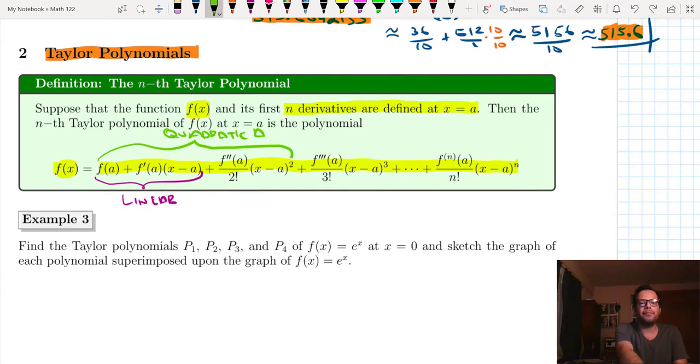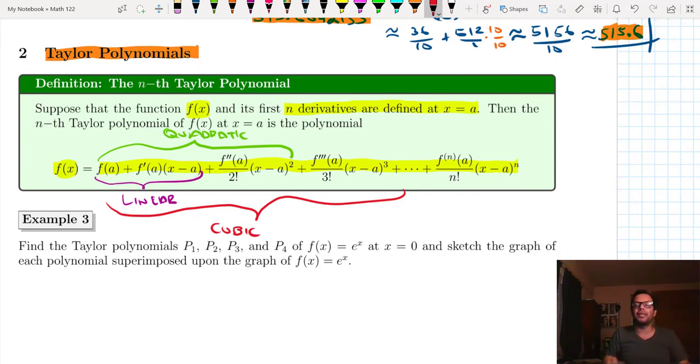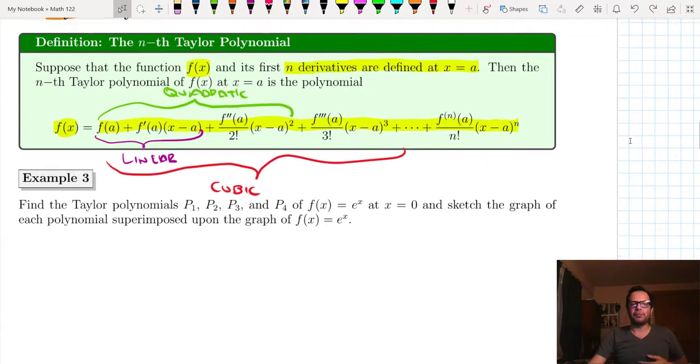Okay, and if we use the first four, we are going to get a cubic approximation, right? And then a quartic and a quintic and so on and so forth, the nth approximation, right? And this is the formula that we are going to use to find those approximations.